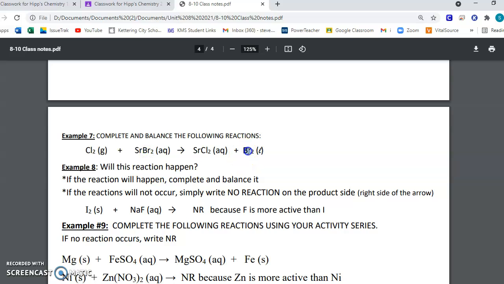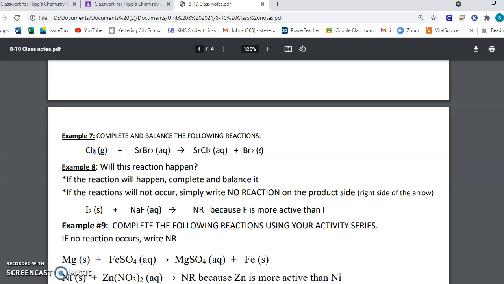Who did we displace? Br. There's the Br. Why do I have a 2 here? Not because there's a 2 there. The 2 here on the left side is because strontium's 2 plus. I crisscrossed it. The 2 here is because bromine is a diatomic element. It's the Br in BrINClHOF. Why is there a 2 here?